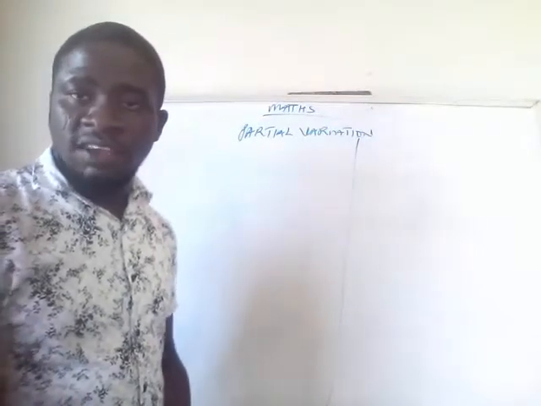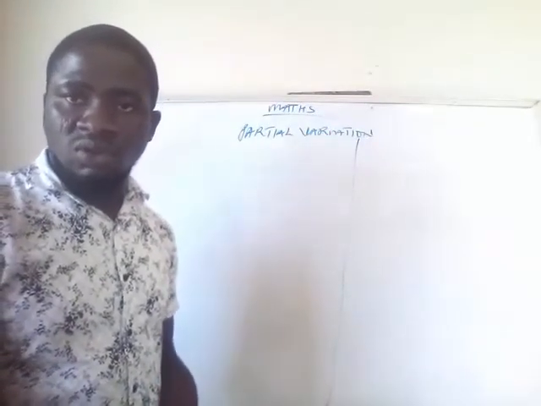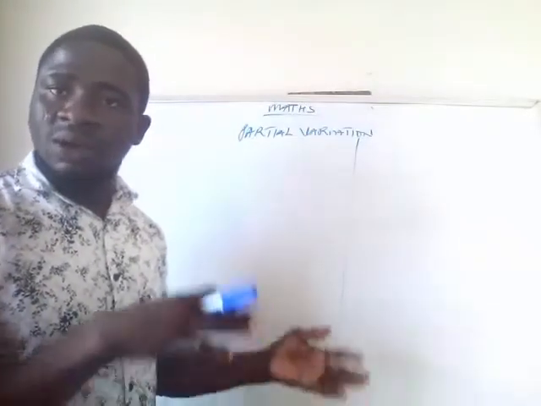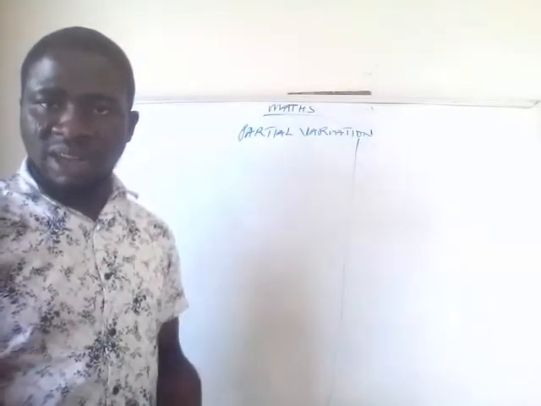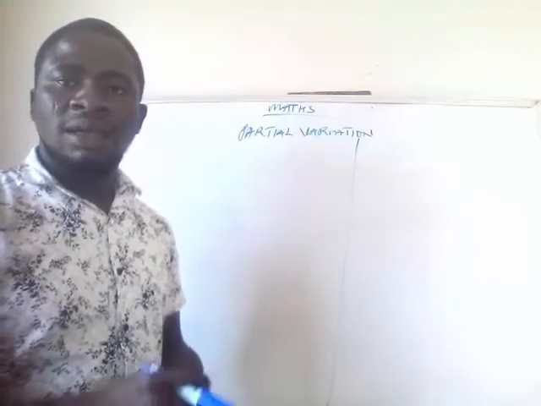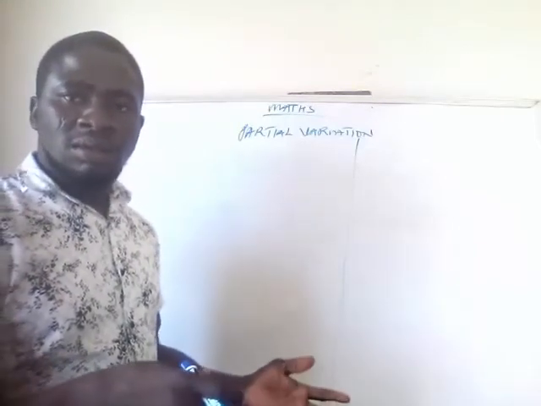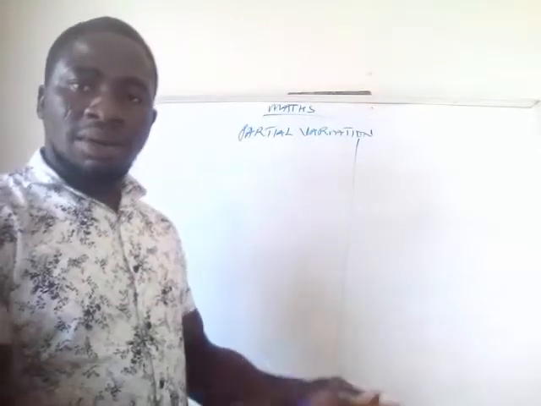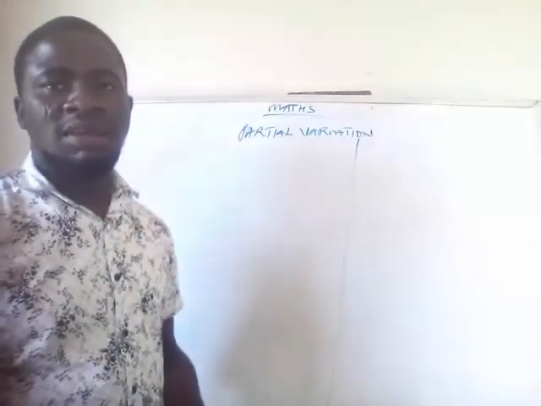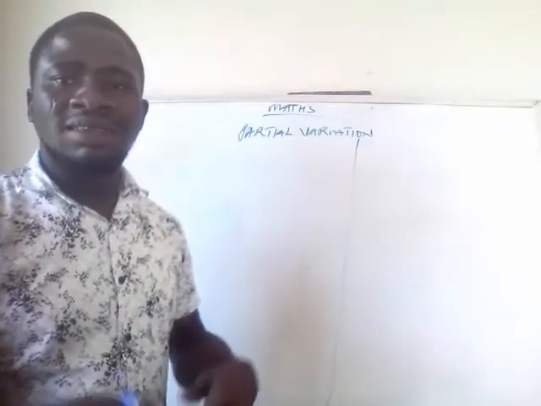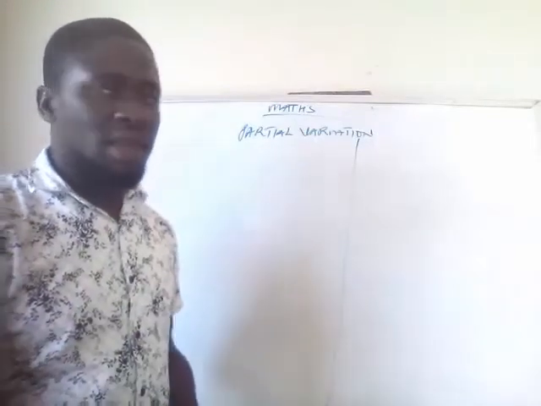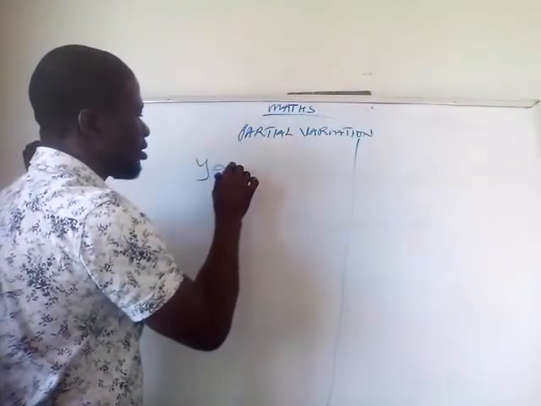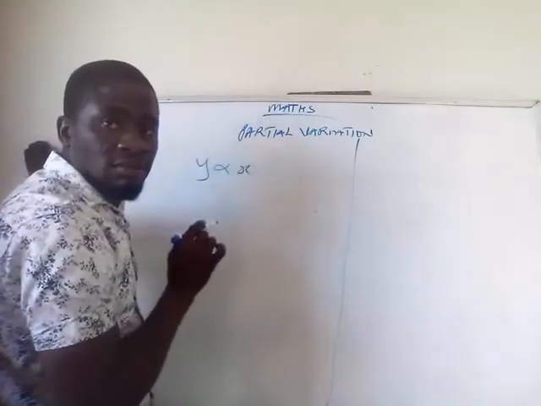So the first question I want us to solve, remember I said, if they say partly constant, it means the constant of proportionality. But if they say y varies partly directly, it means something like this: y varies as x.